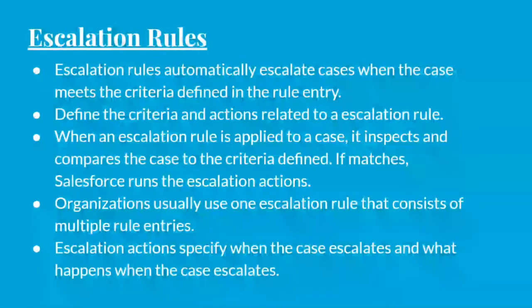Then you have another entry where if the priority is medium but the country is not USA, it should be routed to level 2 support. These are different criteria, but they are defined under a single escalation rule using multiple rule entries.